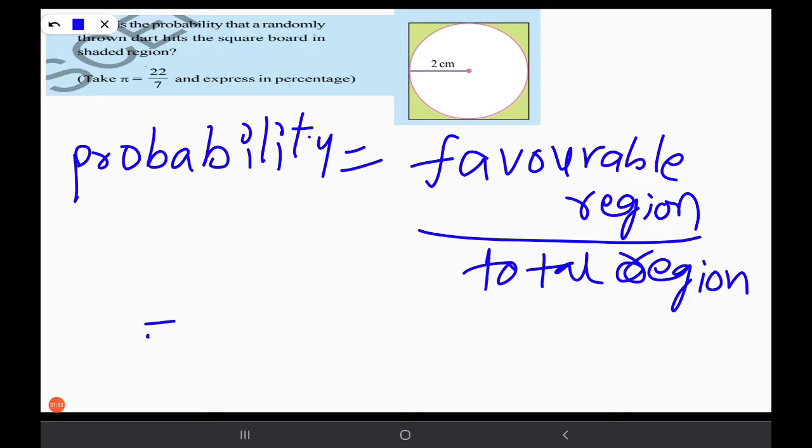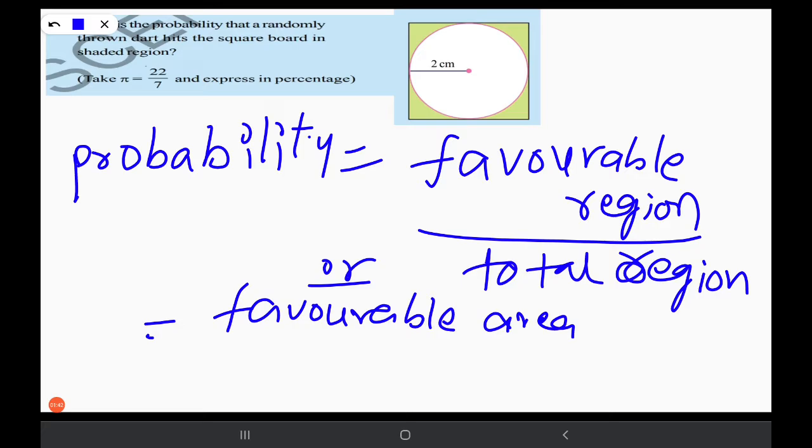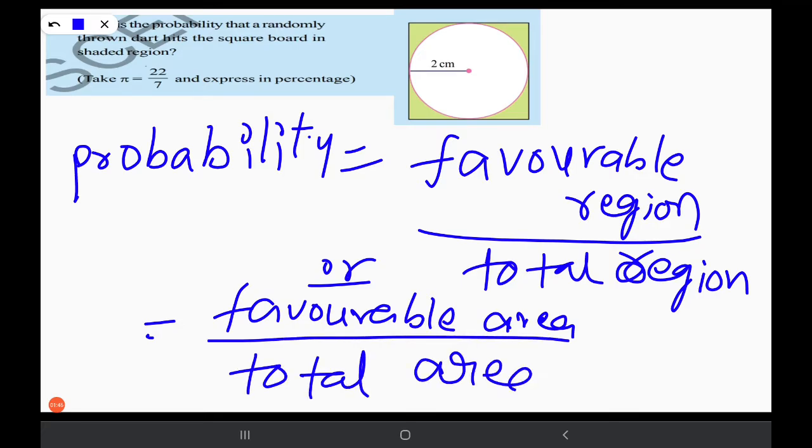In the sense here, we can write favorable area by total area. Okay, right. So what is the favorable area? The favorable area is this shaded part, isn't it?